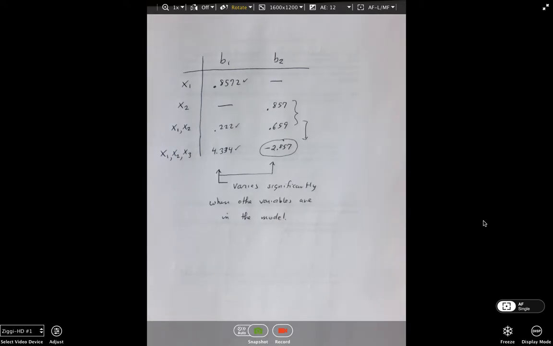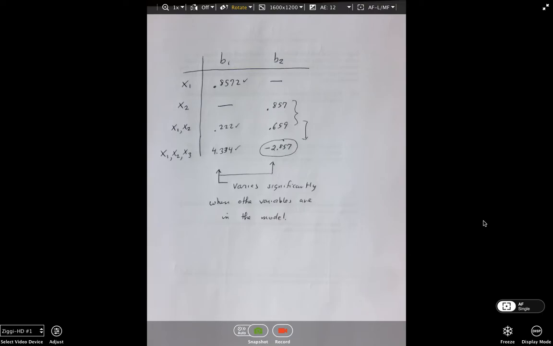So there's something wacky going on here, and it all goes back, as you know, to multicollinearity. So guys, a conclusion, what I can say is when predictor variables are highly correlated, which X1 and X2 are, the regression coefficient of any one predictor depends on which of the other are included or left out.